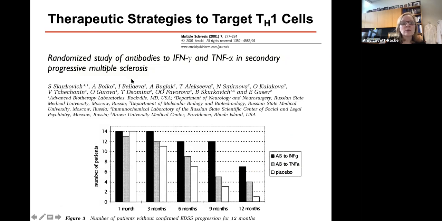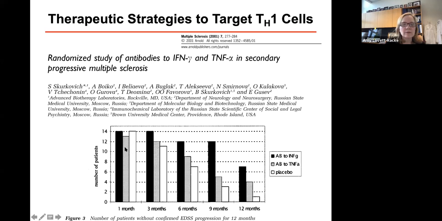This was actually a human clinical trial that was done giving patients interferon gamma antibodies. And this is looking at the number of patients that have not had any progression, okay? So this is at month 1. The black one is the patients that got the interferon gamma antibody. The white is the placebo.